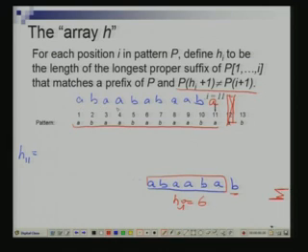You are trying to determine the extent to which you can shift the pattern. You are trying to determine the smallest extent by which you can shift the pattern. You will say the smallest is 1, but it is not, because shifting by 1 is quite meaningless; clearly there will be mismatches happening.